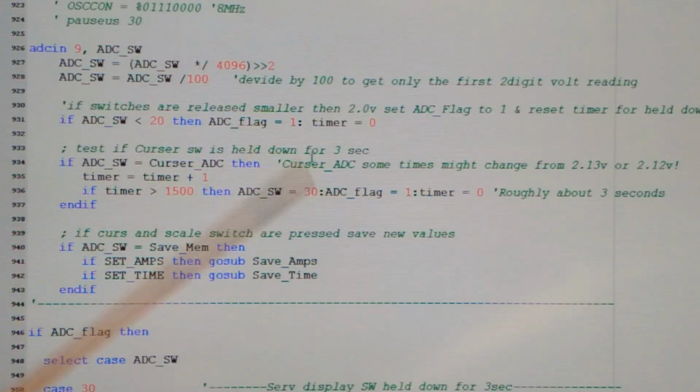I've got a timer running here, timer plus 1, and that was done. So when you hold down the cursor switch for 3 seconds, it will show you on the LCD screen the internal variables regarding the pulse width modulation registers. So that's why that was done.